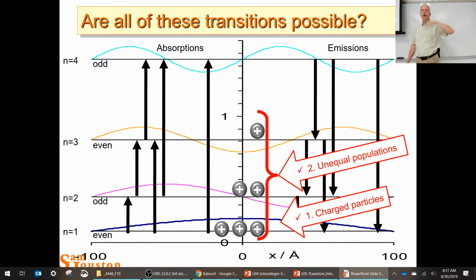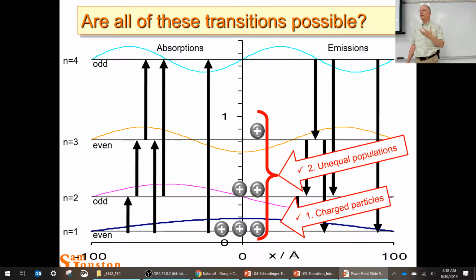So I have unequal populations because the Boltzmann distribution favors the ground state, but it'll tell me at whatever temperature I might have 2 or 3 molecules in the excited states. And so I do have unequal populations. Even at absolute 0, they're all in the ground state and not in the first excited state, so that's still an unequal population. I could see very good spectra from n equals 1 to n equals 2 at absolute 0. And that simplifies things because I don't have any other excited states to worry about.